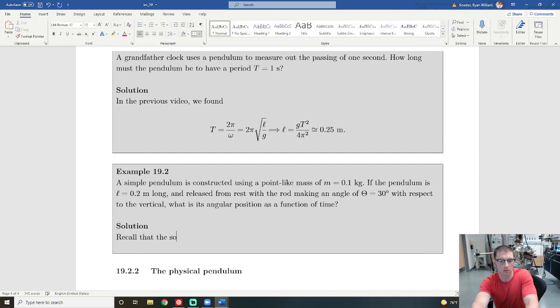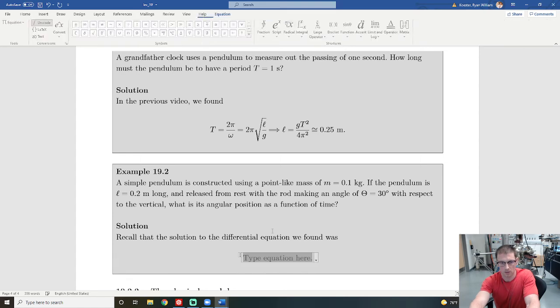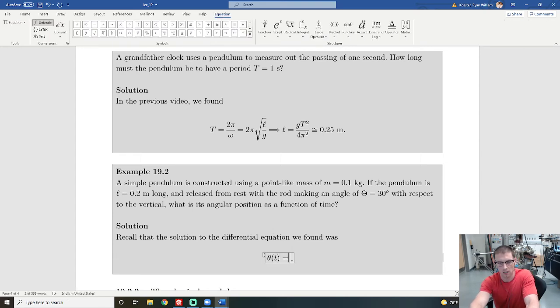Recall that the solution to the differential equation was theta of t equals big theta times cosine of omega t plus phi, right?